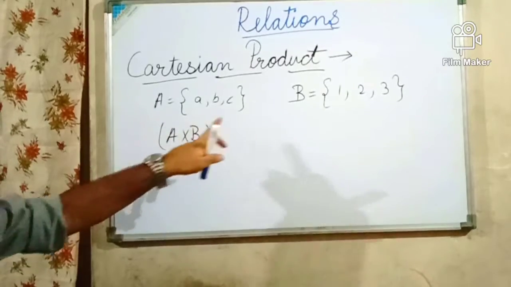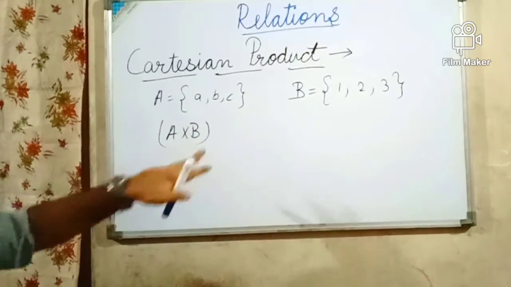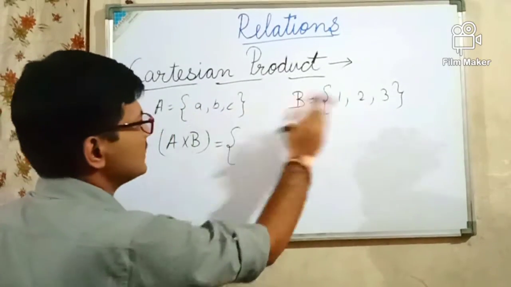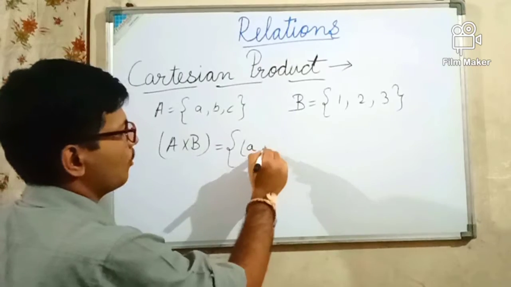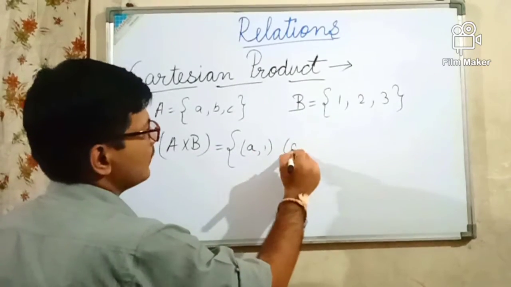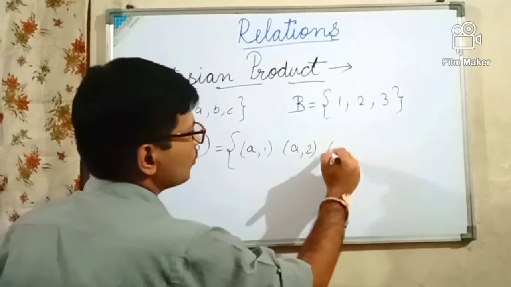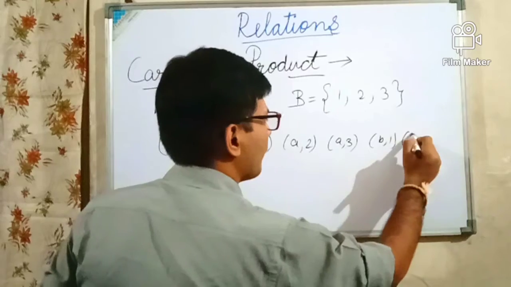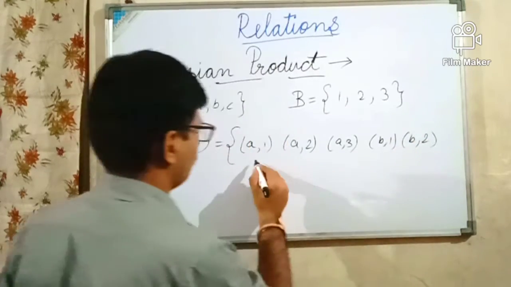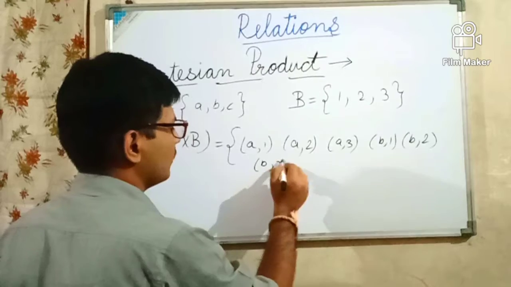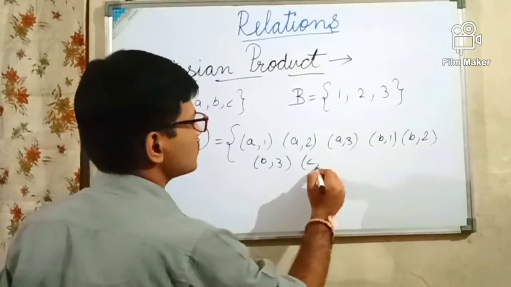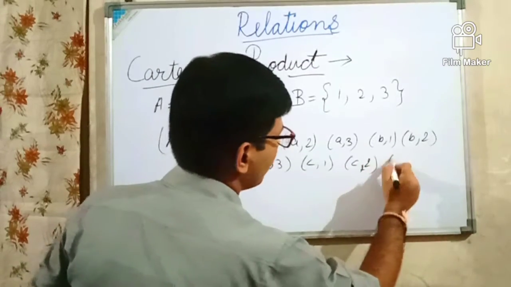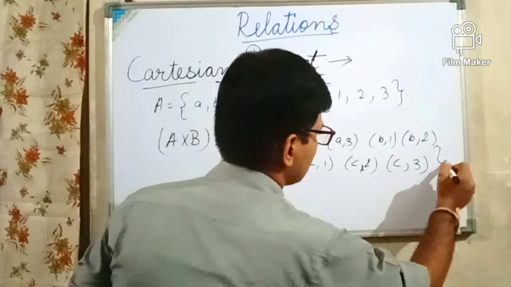The Cartesian product from set A to set B, denoted as A cross B, is written as the ordered pairs of each element. See, (A, 1), (A, 2), (A, 3), (B, 1), (B, 2), (B, 3), (C, 1), (C, 2) and (C, 3).